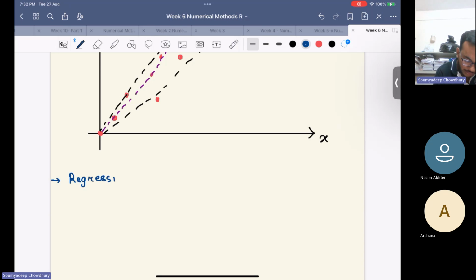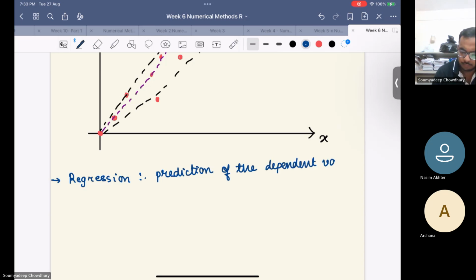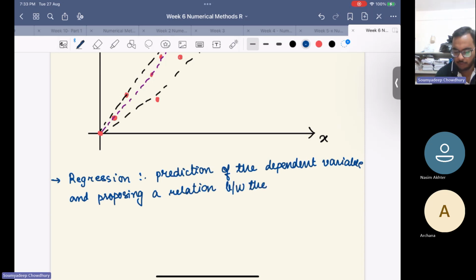So what is meant by regression? It is nothing but prediction of the dependent variable, and proposing a relation between the dependent and independent variable.